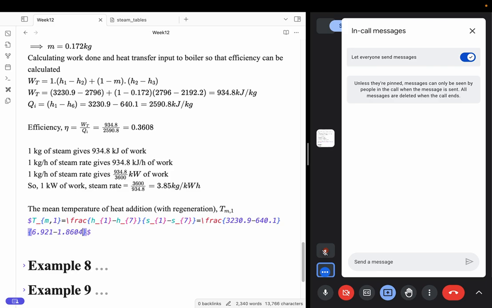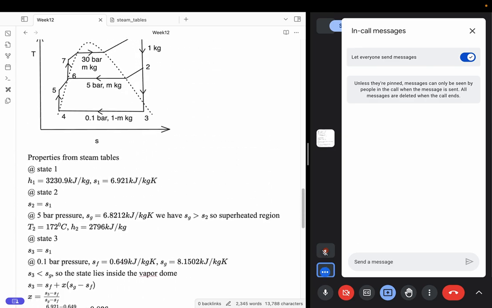If you do this, that comes out to be around 511.9. Converting to Celsius. Yes, this is with regeneration.